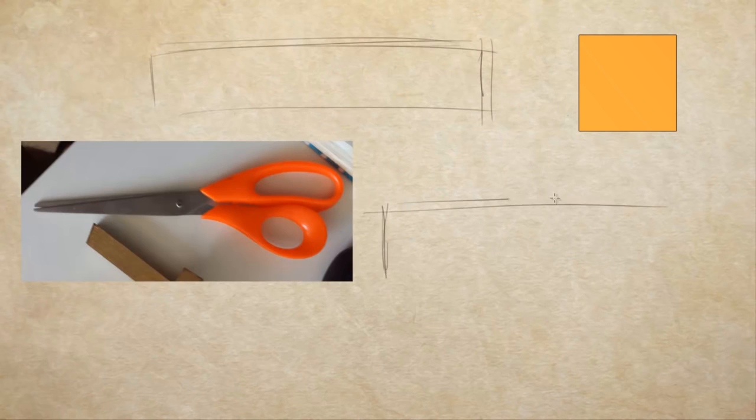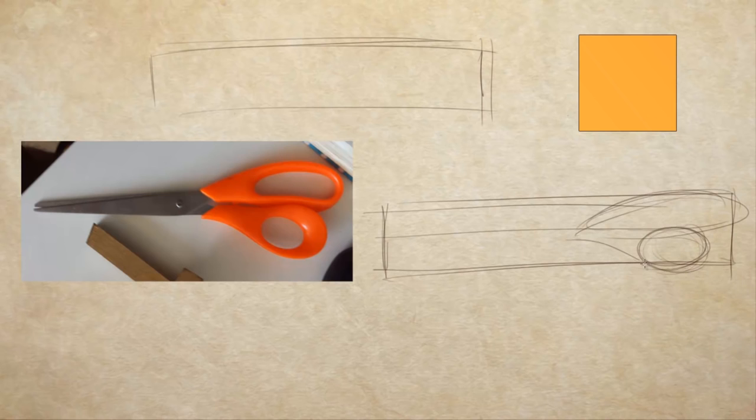Okay, so here we have scissors, and it's the exact same thing as the microphone, but I'm going to go in the opposite direction, and rather than make it very tall, I'm making it very elongated.